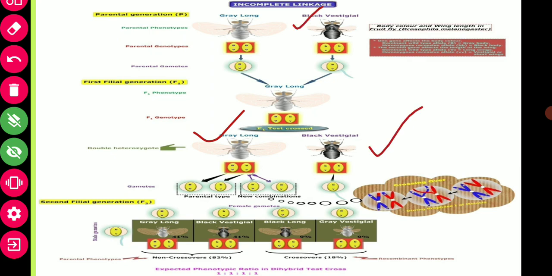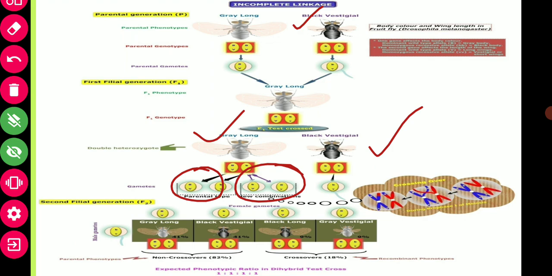When the F1 generation was crossed with the recessive parent, there will be formation of parental type gametes or new gametes. If you combine this together, the individuals should form in the ratio of 1:1:1:1, that is 25% of each.